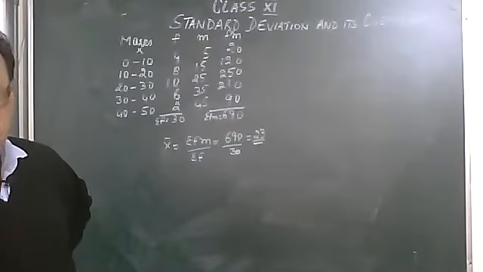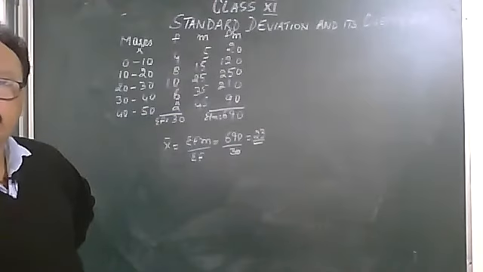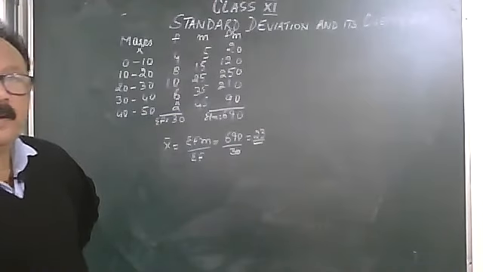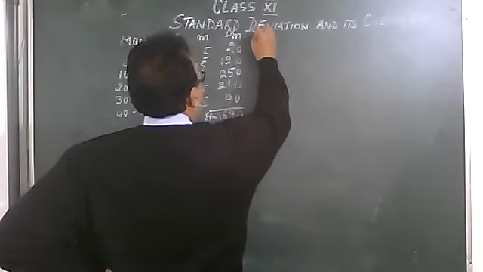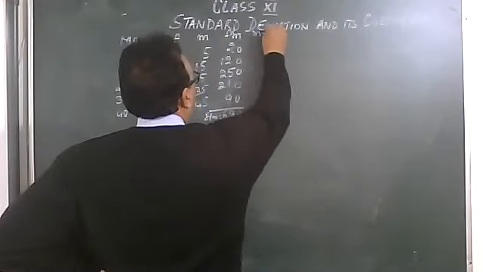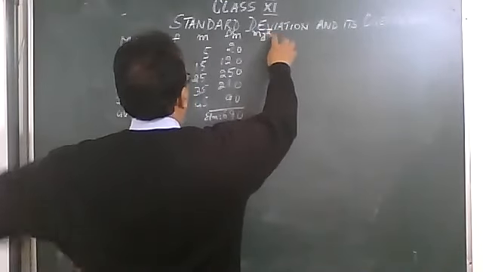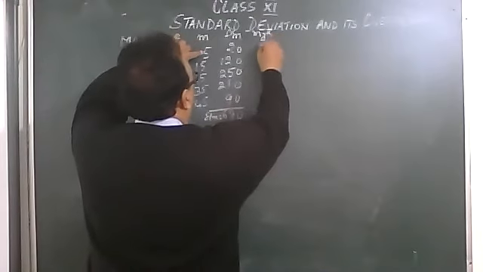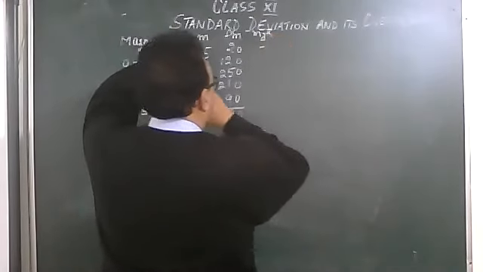Actual mean method. We must find the deviation from the midpoint. The next step will be m minus x bar to give us d. The mean is fixed, this is our 23.